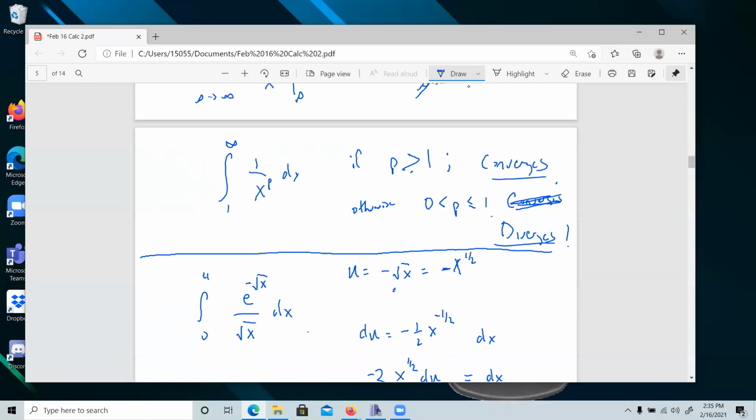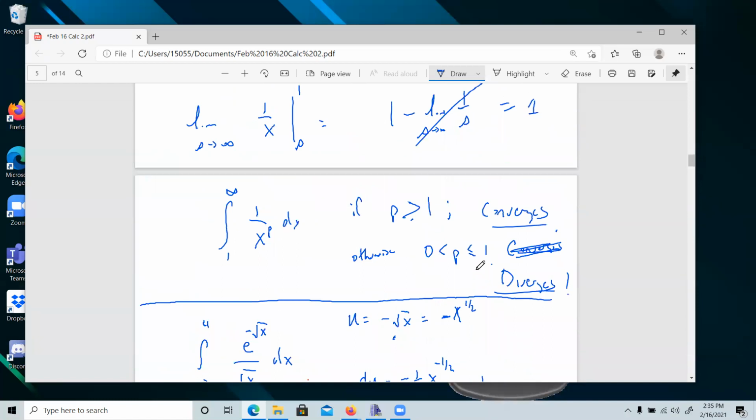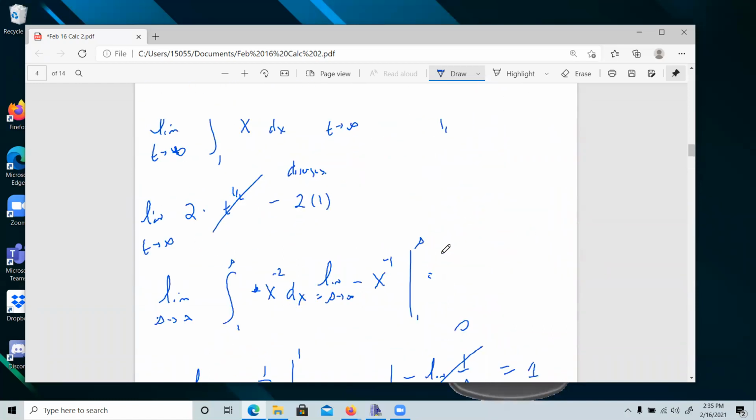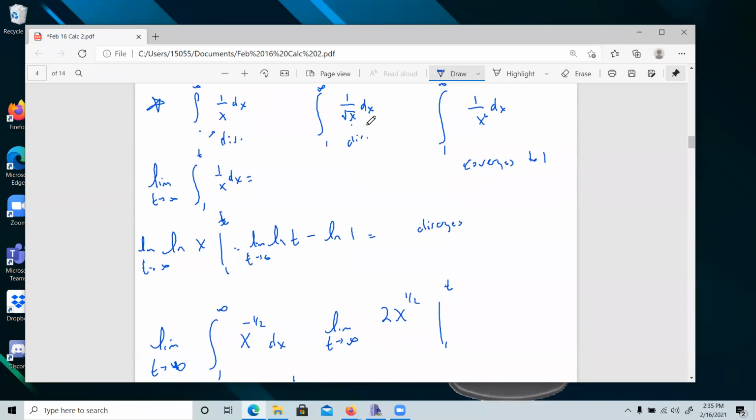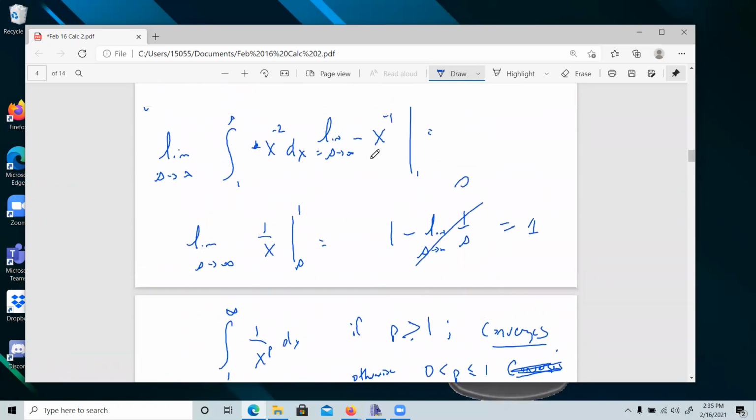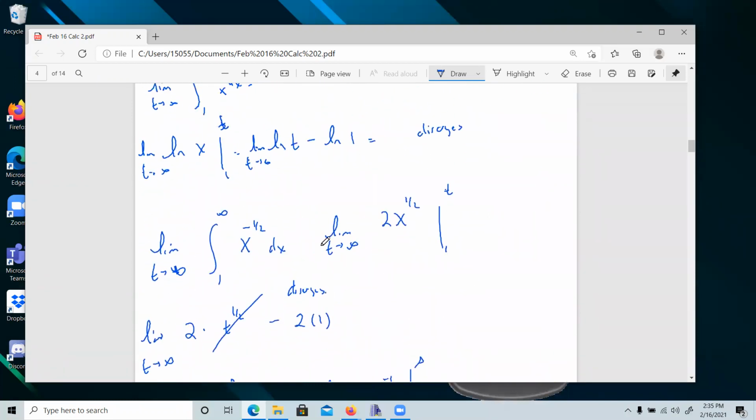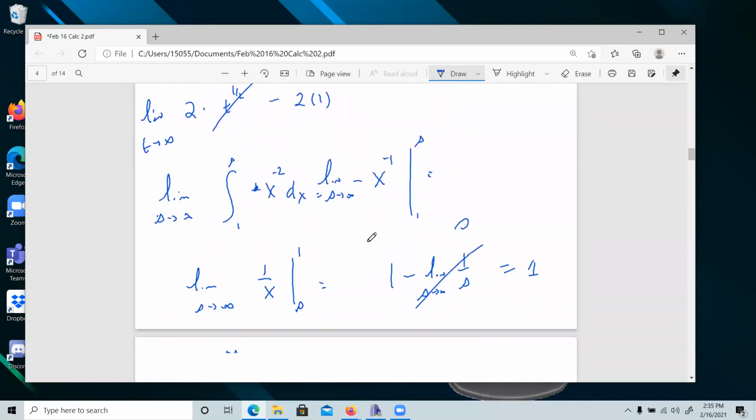It doesn't have to be much bigger than 1, like 1.001. It's going to converge, but slowly. But if it's anything smaller than 1, like x to the 0.999, that's going to diverge like the other ones did here. So that's something to remember.